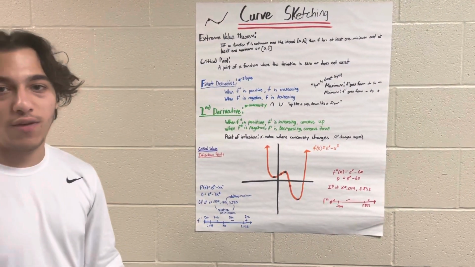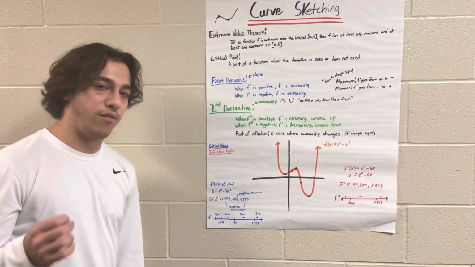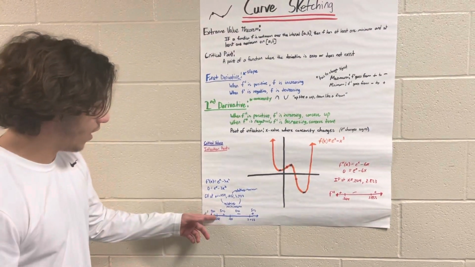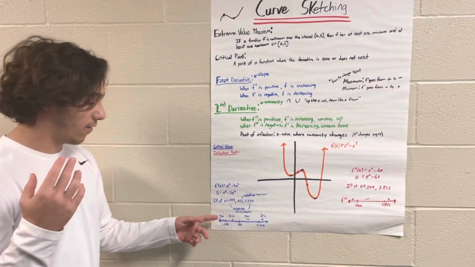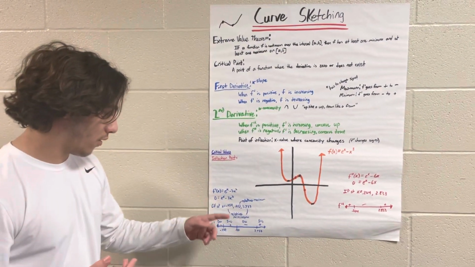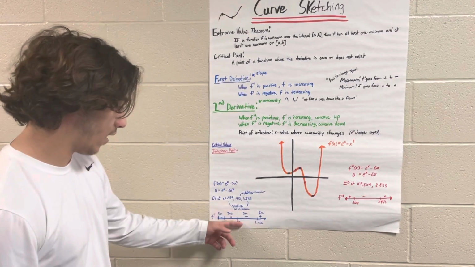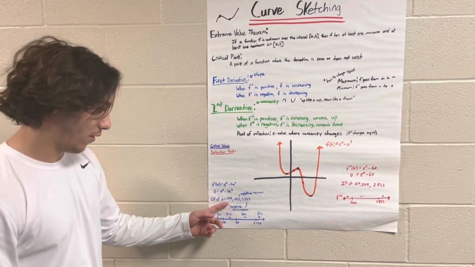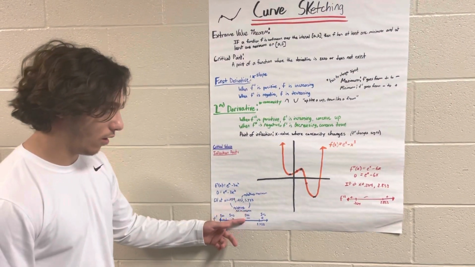You don't actually have to find the number, you just have to find the signs. When negative goes to positive, that means it's a relative minimum, and for positive to negative, we know that it's a maximum, which is how we find these values and know what they are.